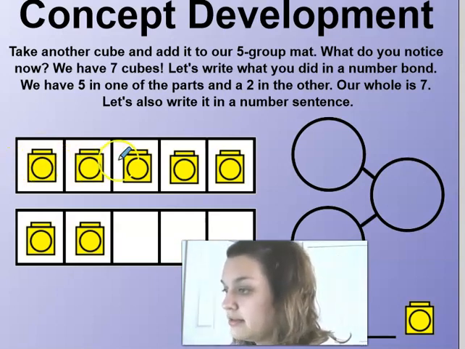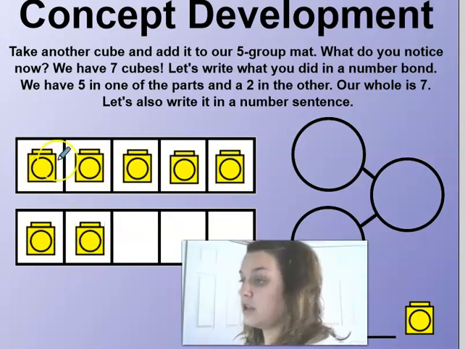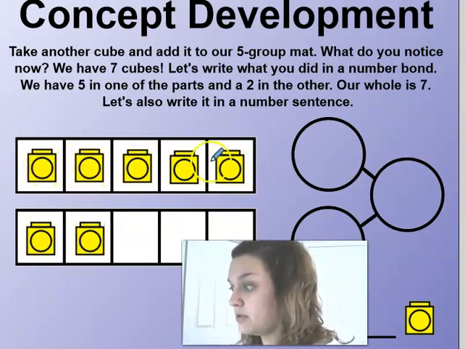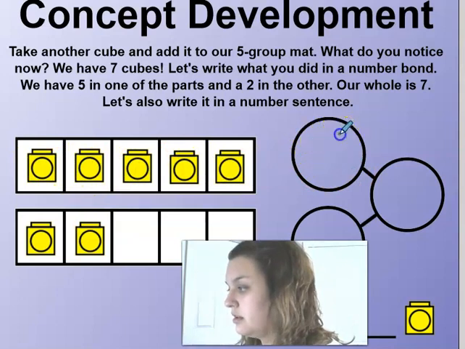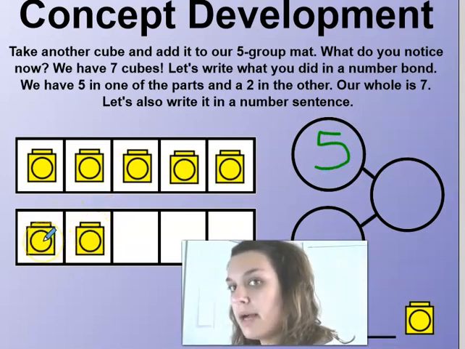1, 2, 3, 4, 5. Now are these 5 attached to these 2? No. So here's our one part. They split them apart for us, which was so nice. 5. And then how many are down here? Write that in your number bond.